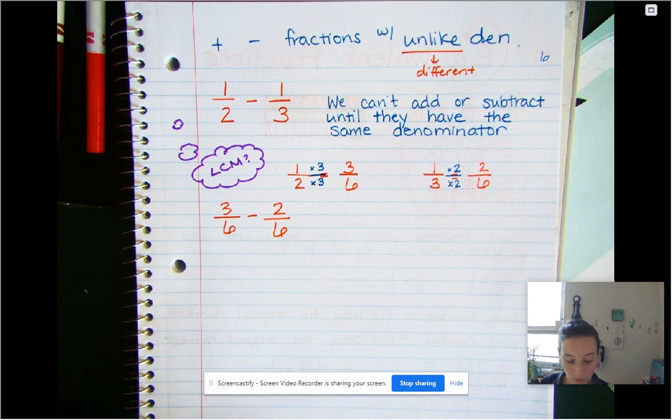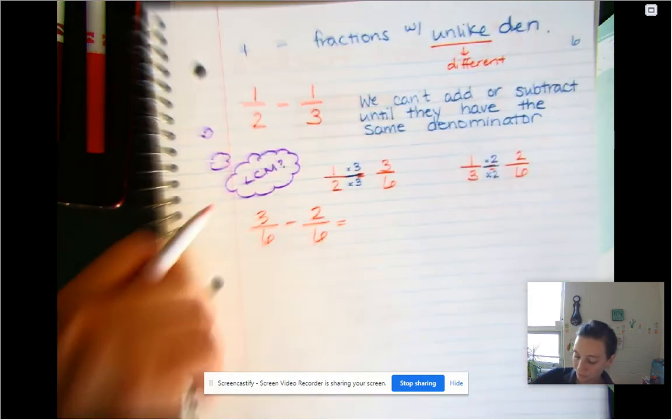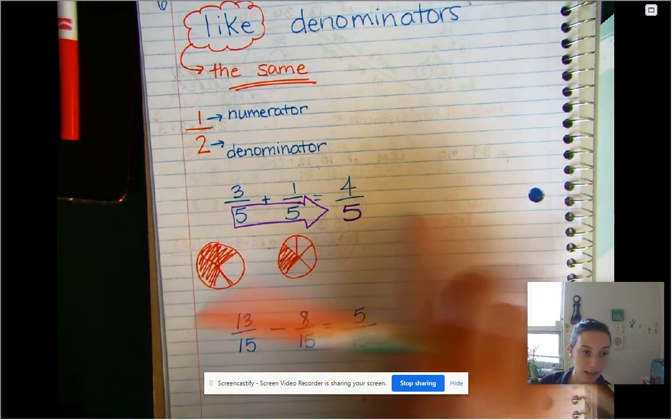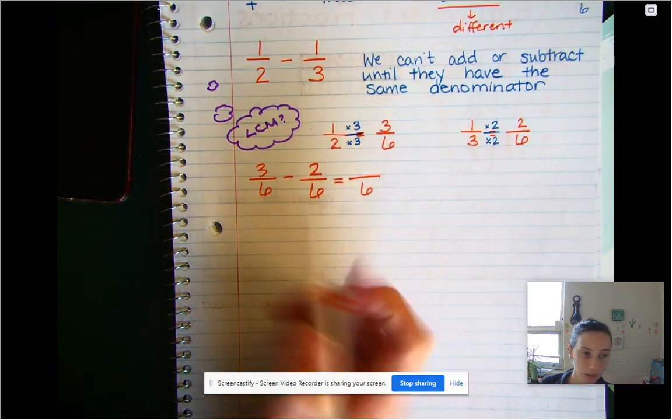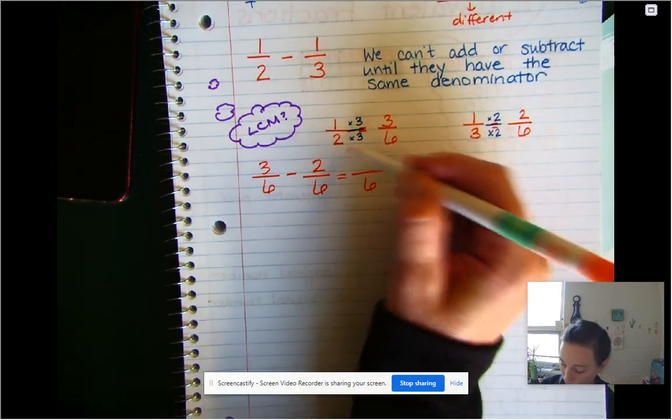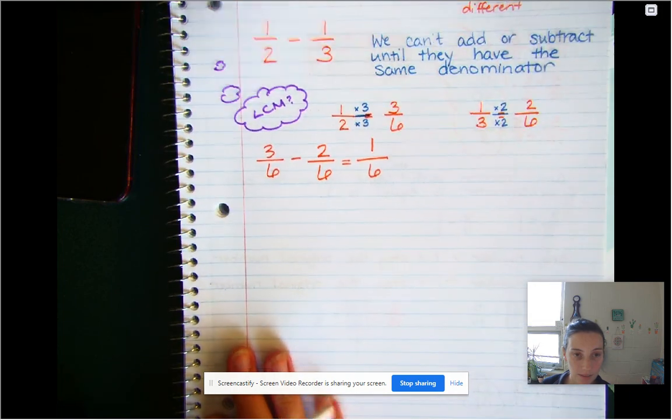Now it's just like we did on the last page, right? We take the same denominator, carry it over and put it on the answer, and then we do whatever we normally do on the top. So 3 minus 2 is 1/6.